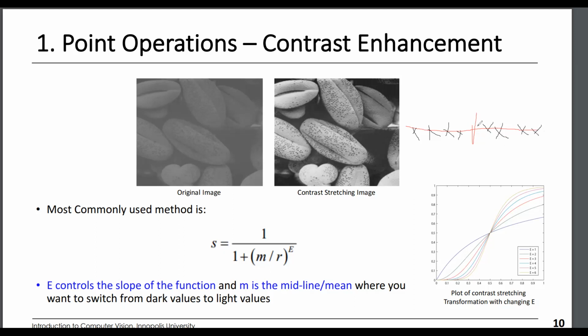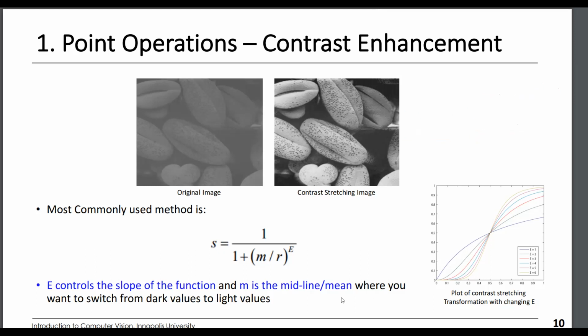We take the mean, or the average, of these pixels and put it here. Anything higher is considered white or whiteish pixel. Anything lower is considered blackish pixel. And we try to push them a bit further away. So anything on this side goes here, anything from this side goes even further.